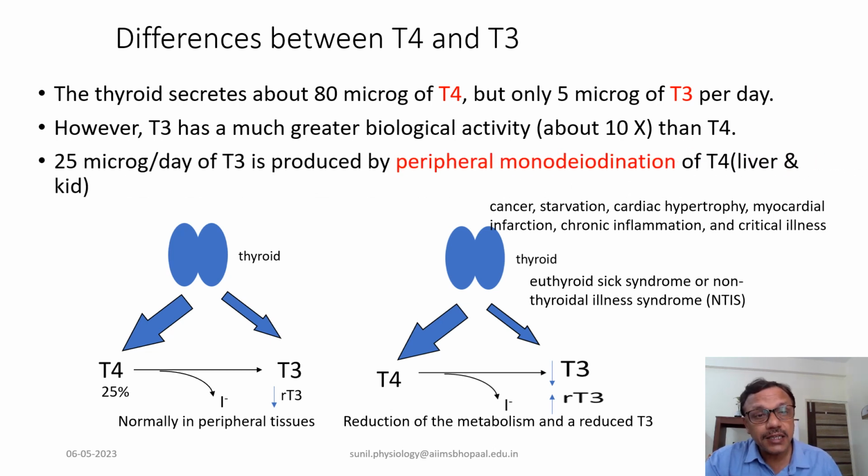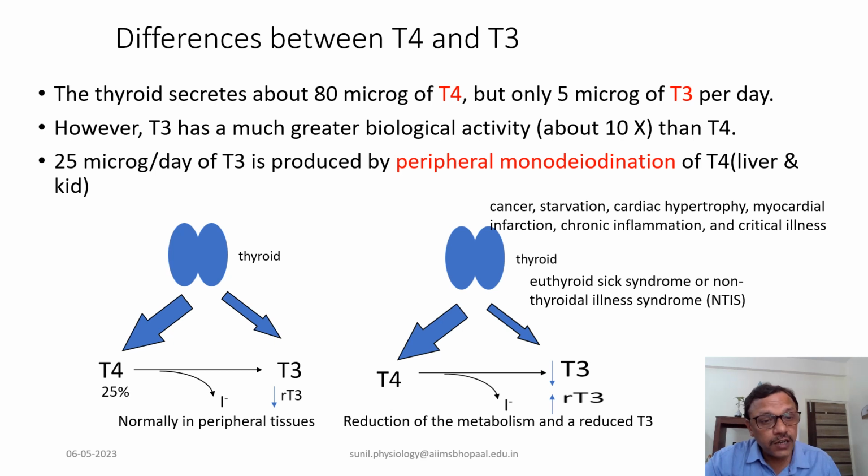Now an additional 25 microgram per day of T3 is also produced by the peripheral monodeiodination of T4 in the liver and the kidney. So in addition to the T3 and T4 produced, an additional 25 microgram of T3 is formed in the peripheral conversion in the kidney and the liver.